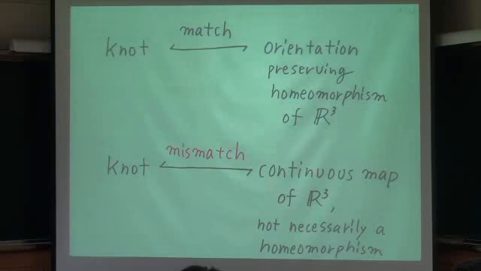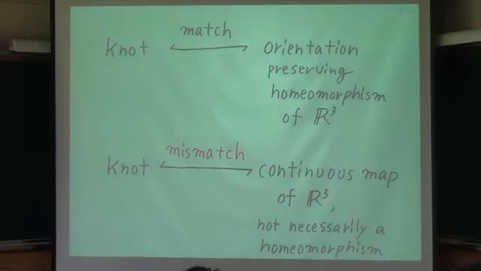If the map is injective, the knot type is preserved or becomes its mirror image. But anyway, today we consider a non-injective continuous map from R3 to R3.